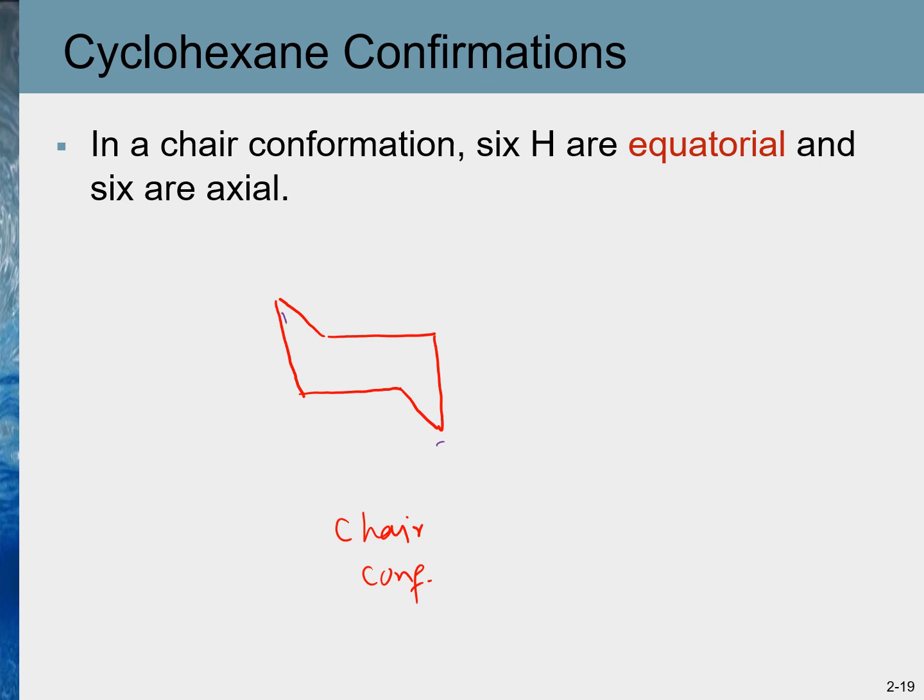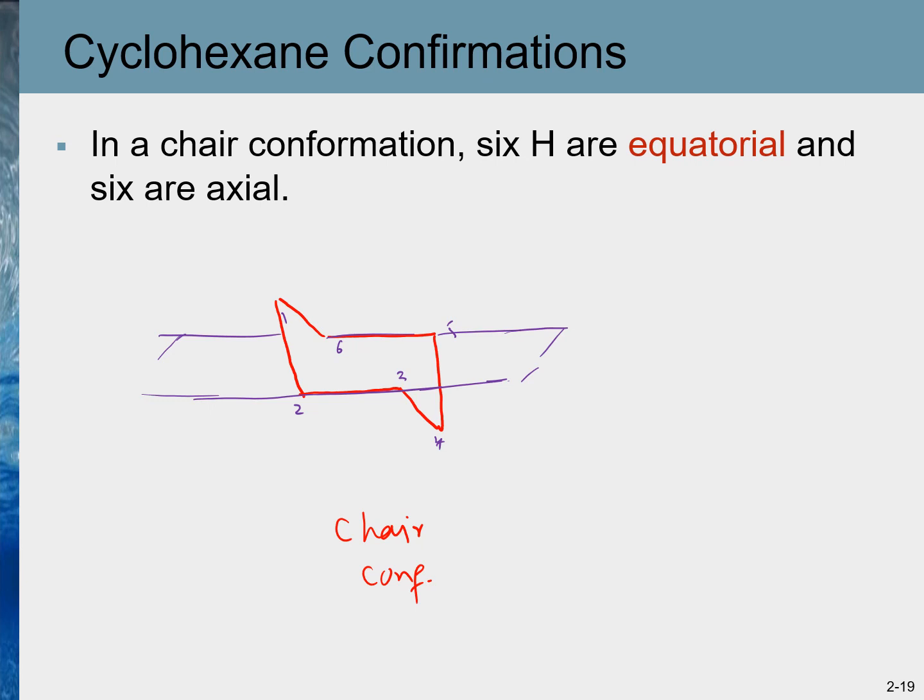I'm going to label it, so it's 1, 2, 3, 4 and 5, 6. We can already see carbon number 1 is above the plane. If this is the plane, carbon 1 is above the plane and carbon number 4 is below the plane.